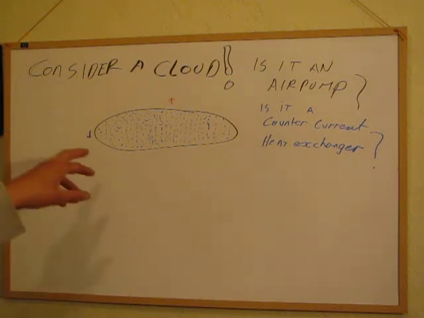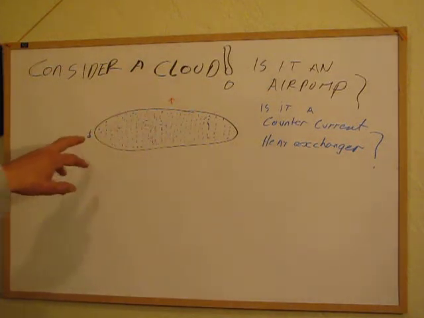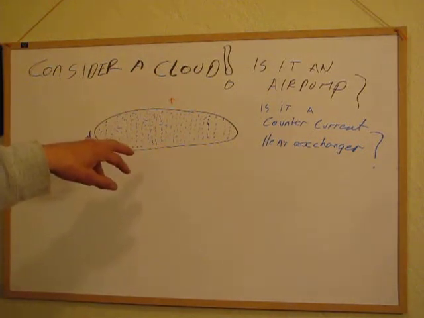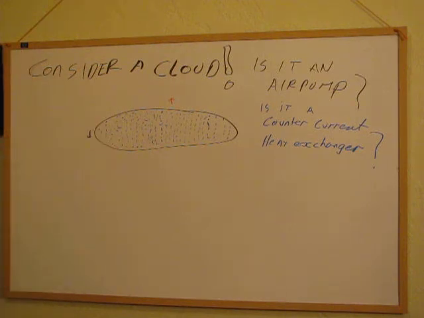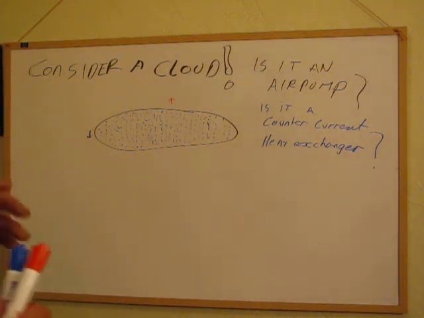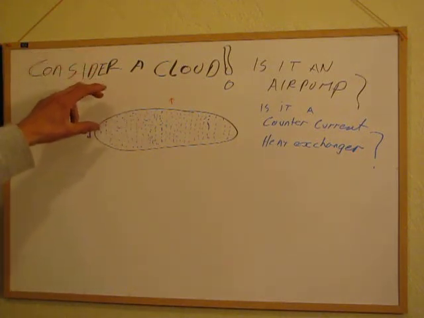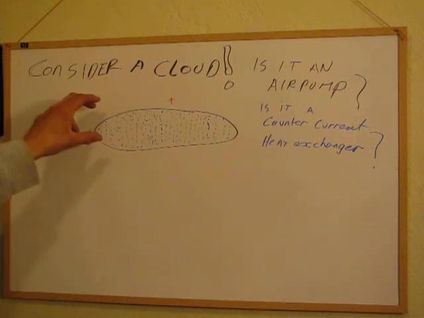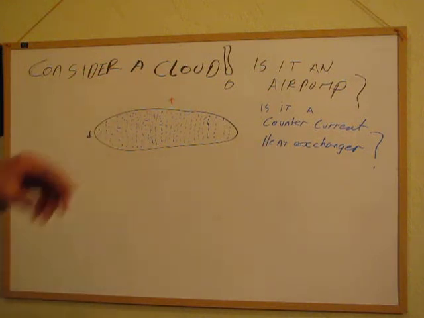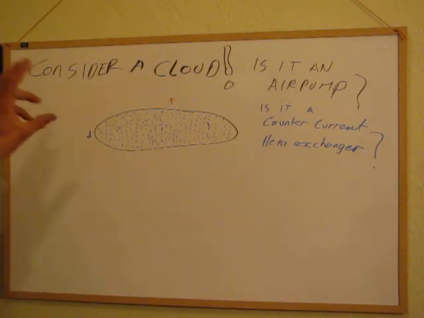So there's a slight problem here, because when water vapor condenses, there's heat given off. That should mean that it's expanding, but it can't be expanding into an area with water vapor in it and make the water vapor condense. So how can clouds get bigger in such a situation?